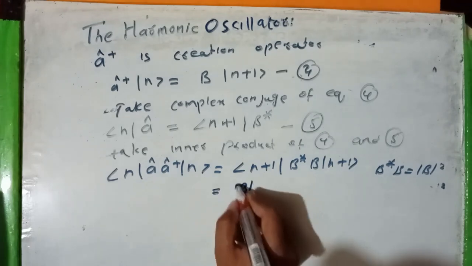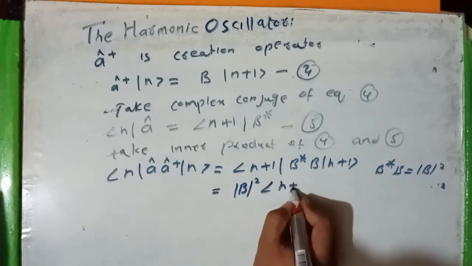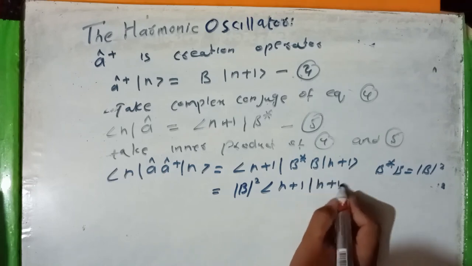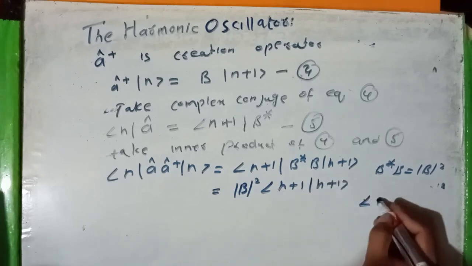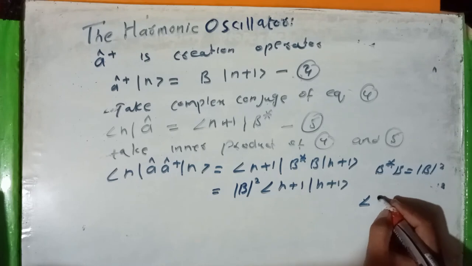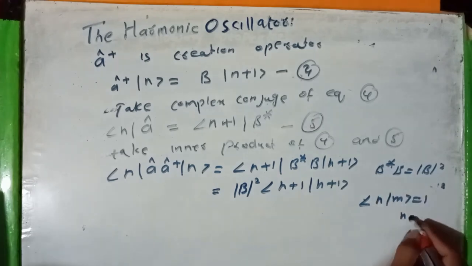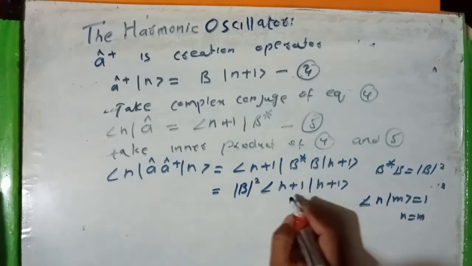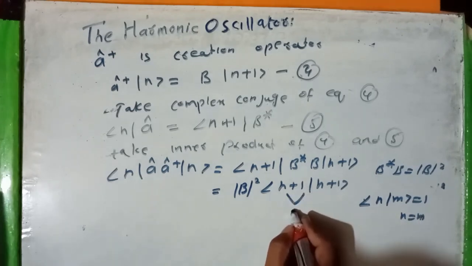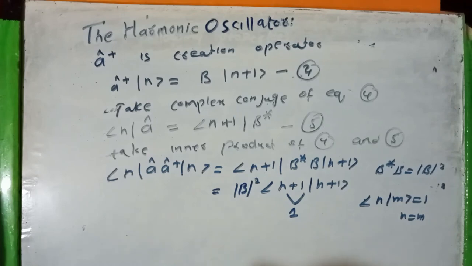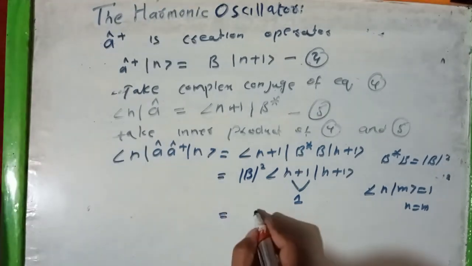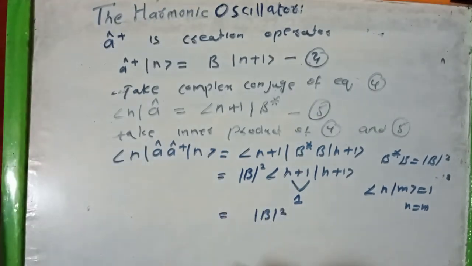So this becomes B square n plus 1 n plus 1. Since the inner product of states n and m is equal to 1 when n is equal to m, this term is equal to 1. This becomes B square.